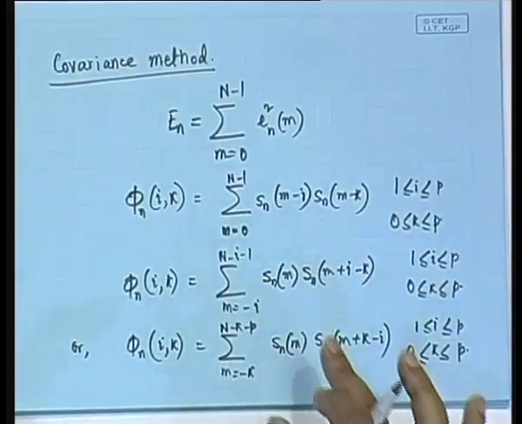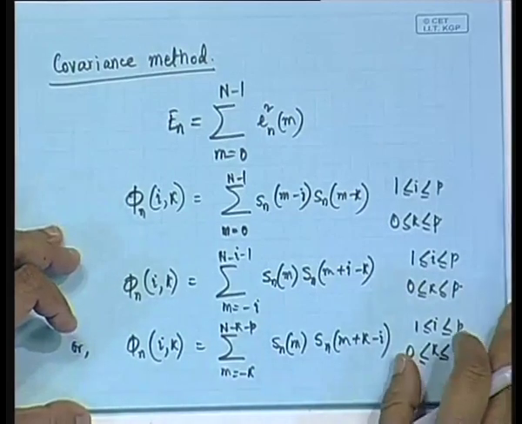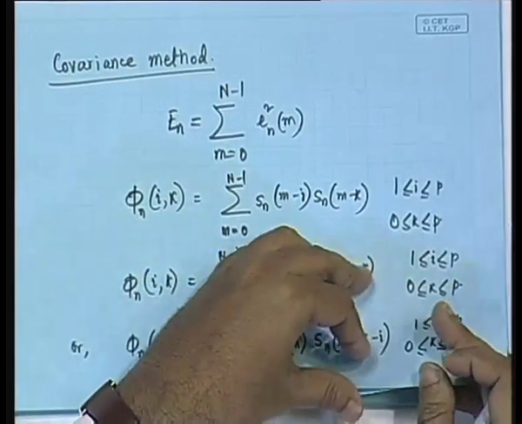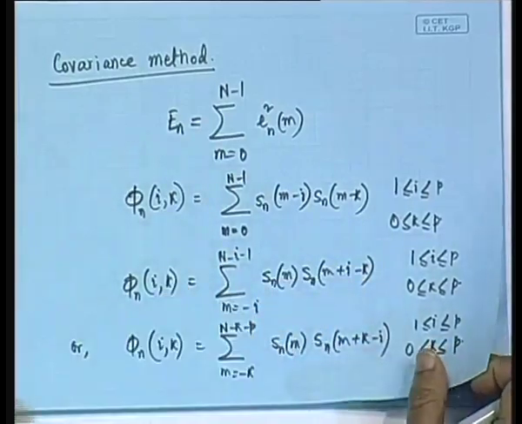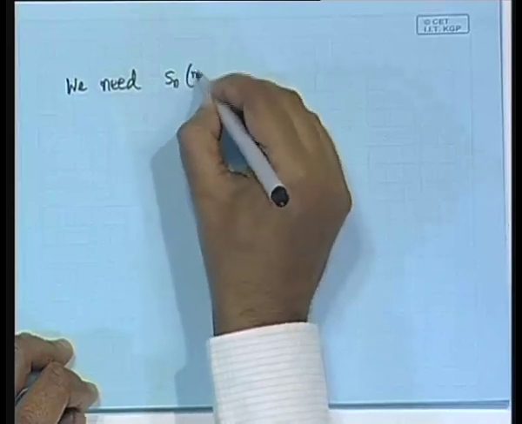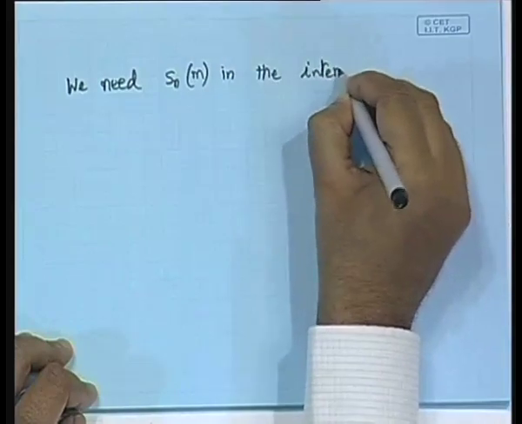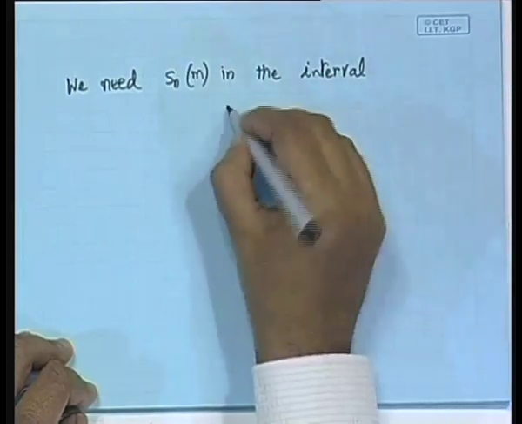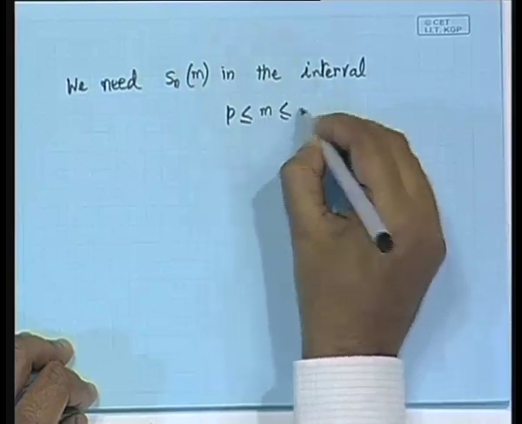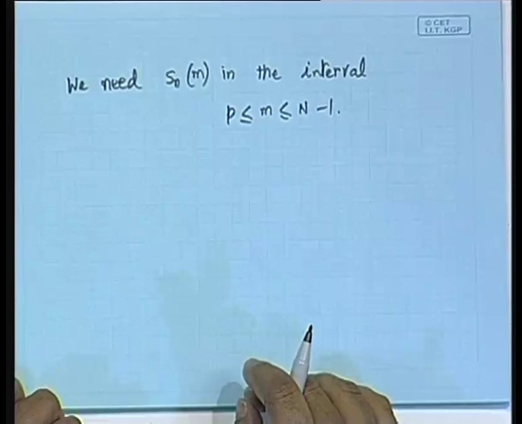So, this basically calls for the extension of the sequence, because now we need values of Sn m in the interval m between p and n minus 1.